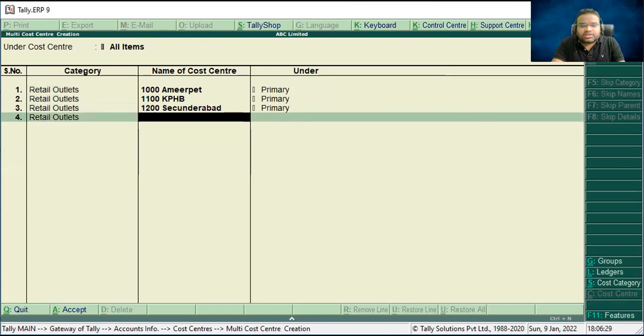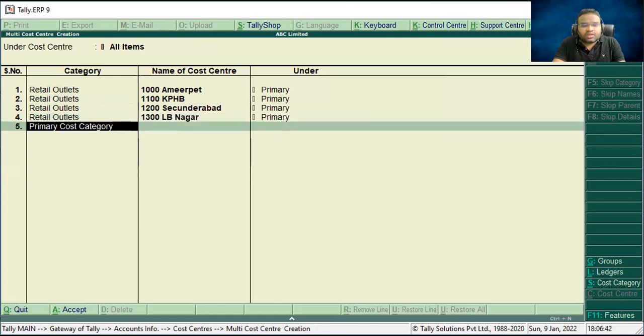Under another retail outlet, 1,300 is for, can you tell me some name in Hyderabad, LB Nagar. I'm keeping it 1,400. Let us assume Paradise Junction, or we can say something about Lingampally.